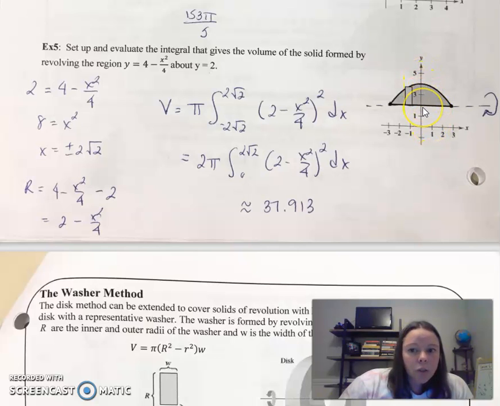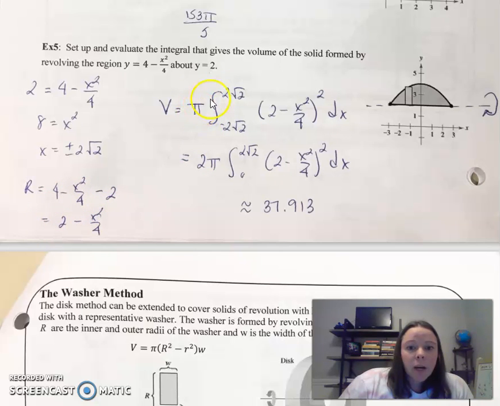You're stopping at 2. So that's going to affect your radius. So now we're going to want to do 4 minus x squared over 4, but minus 2, because we don't want to include all of that. We want to cut off the rectangle at 2. So that's why the radius is changed to 2 minus x squared over 4.